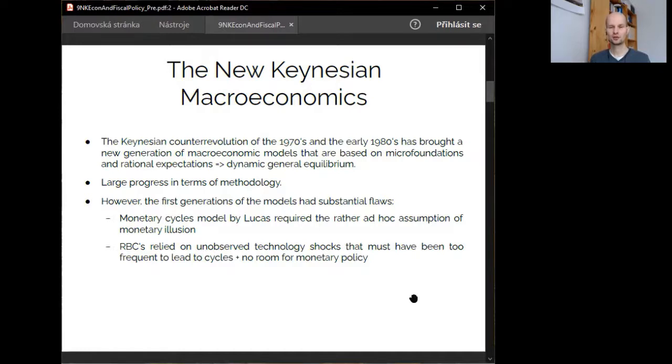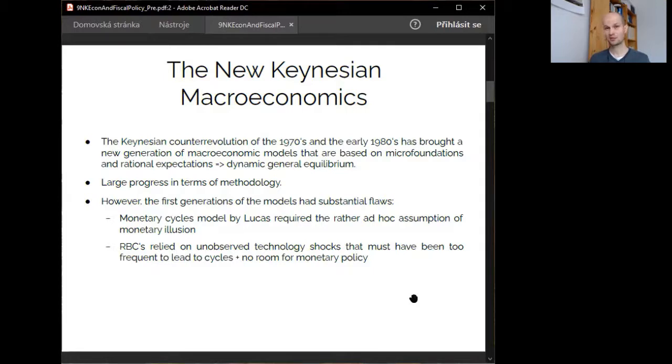The second generation of equilibrium business cycles, the real business cycles, on the other hand, relied on unobserved technology shocks, which, however, would have to be quite frequent and quite large to lead to cycles. Besides that, we would need to understand better what negative technology shocks can be, and to allow for the relatively frequent occurrence not only of positive technology shocks, but also negative ones. So the reliance on technology shocks wasn't very realistic either.